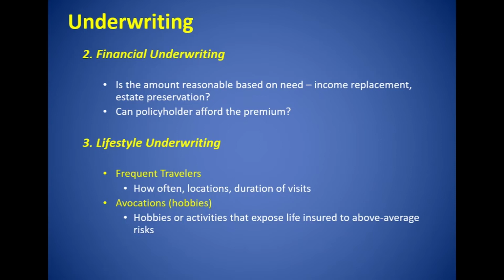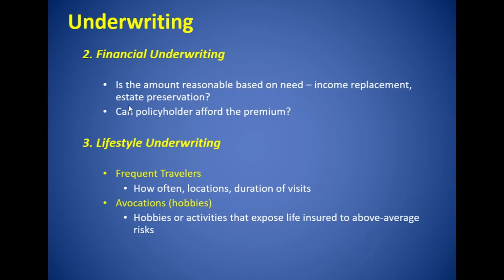Let's talk a bit about financial underwriting. What they also look at is the amount of insurance that is being applied for. Is it reasonable? What is the basis for this? Do they really need that amount of insurance? What is the purpose of it? Is it for income replacement?